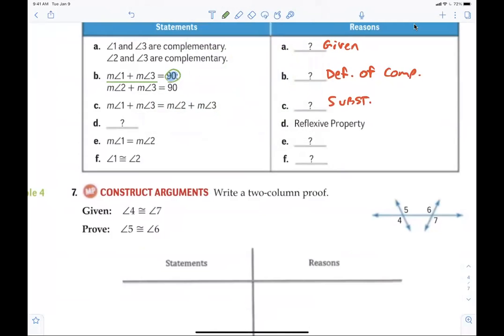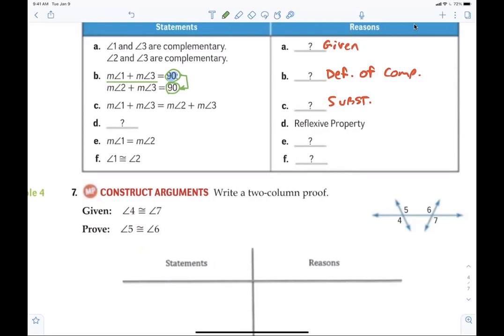So 90 degrees is right here, and you're replacing what's equal to 90 there, not what 90 equals. 90 equals angle 2 plus angle 3. You with me on that? Yeah.